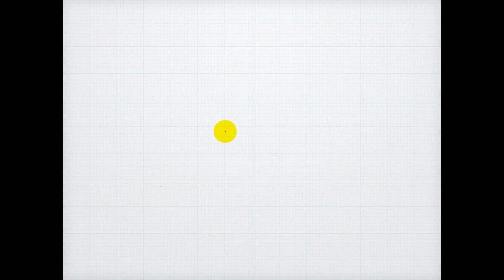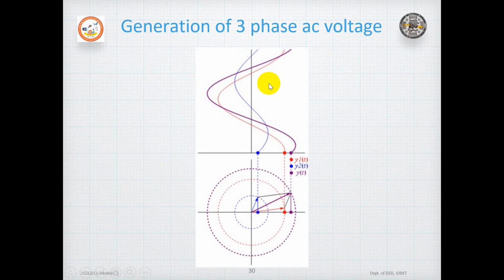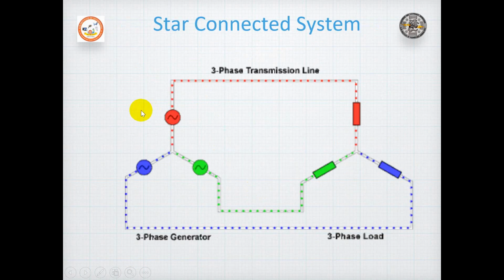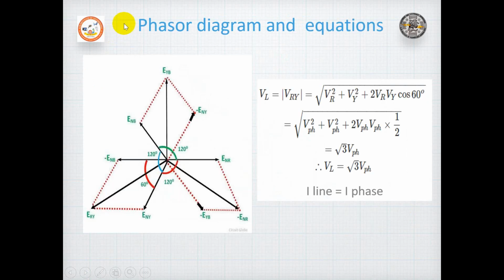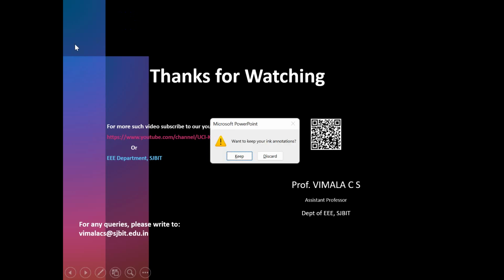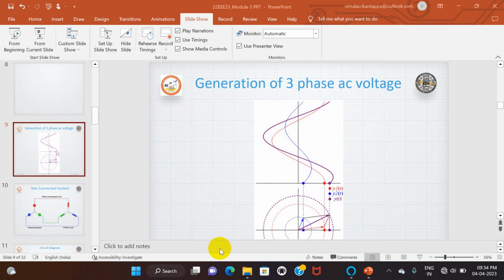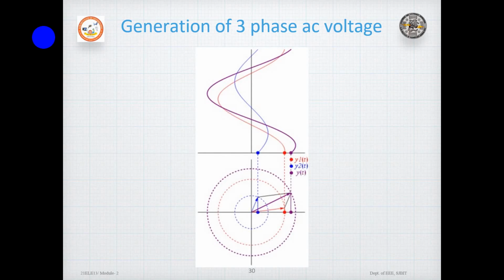Now coming to the generation of three-phase voltages. Let us assume this is a three-phase system.